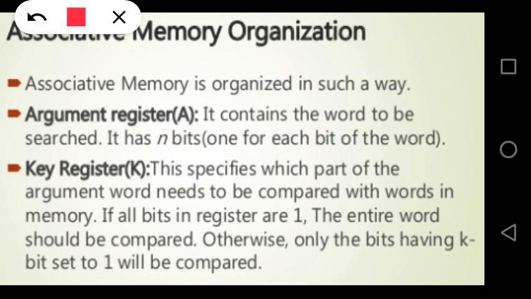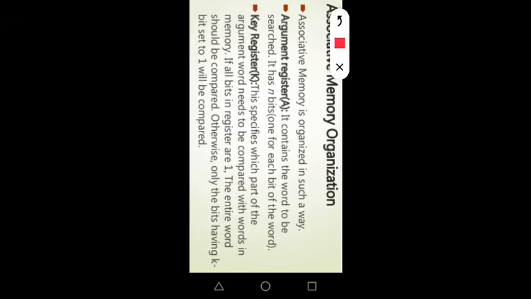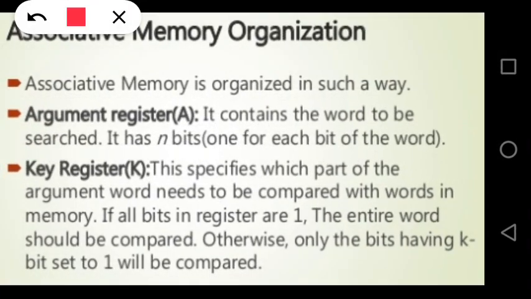Next, we have a special type of register called the key register, and the key register specifies which part of the argument word needs to be compared with the words in the memory. It is really challenging to select which part of these n bits.